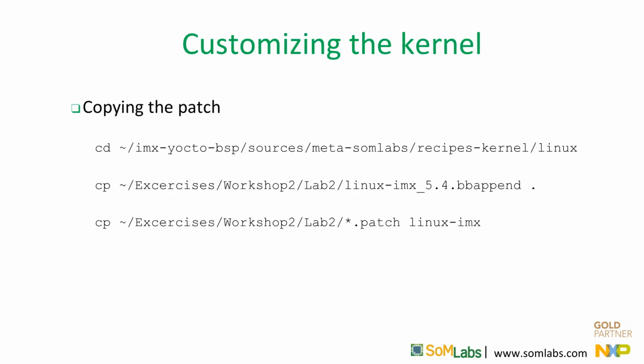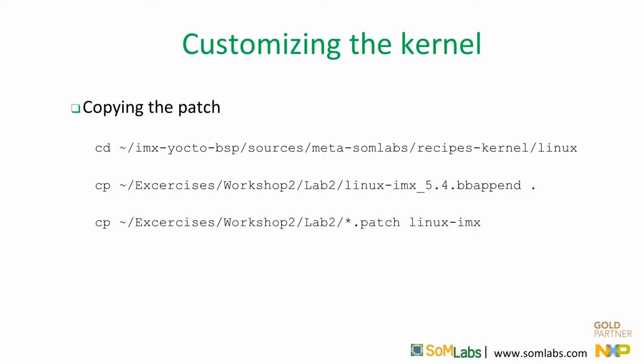We could apply changes to the device tree in the same way as in the previous exercise with the configuration file. However, for the sake of simplicity, this time we will use ready-made patches from the Exercises Workshop 2 Lab 2 directory. Let's copy them from the appropriate places in the recipe next to the patch we recently created in the Linux I.MX recipe and replace the Linux I.MX5.4bb append file with its new version from the lab 2 directory.